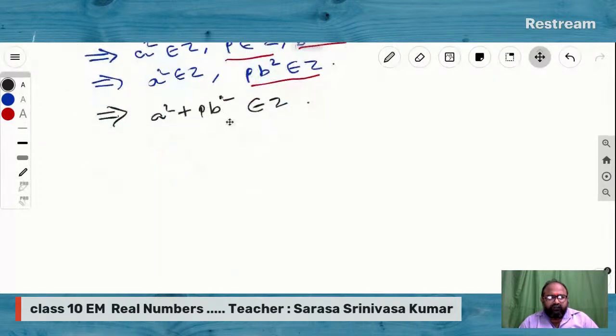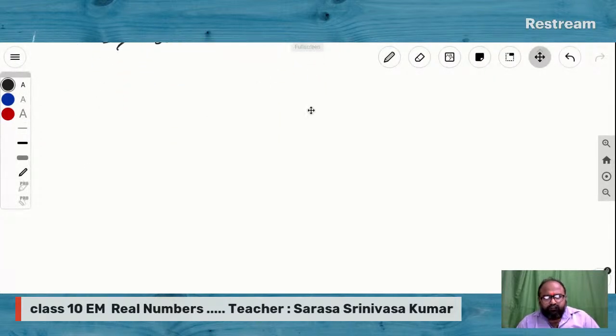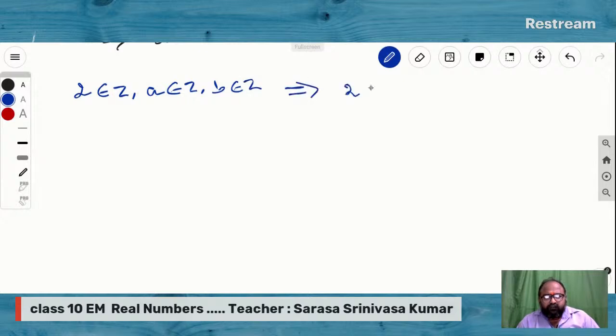Now we consider 2ab, the denominator term. So 2 is an integer, a is an integer, b is an integer. This implies that the product 2ab is also an integer.